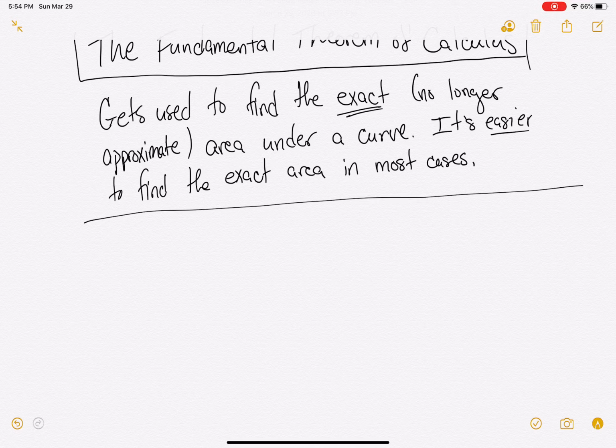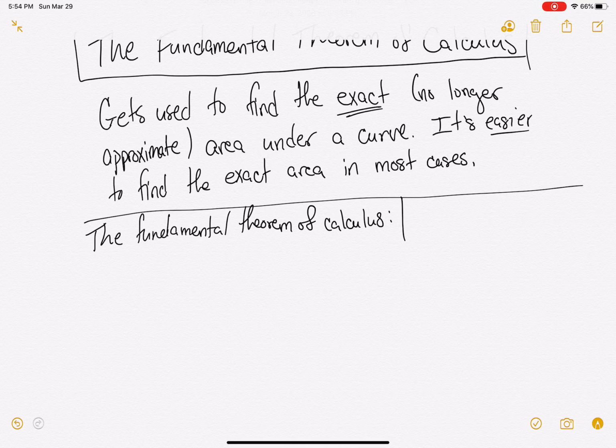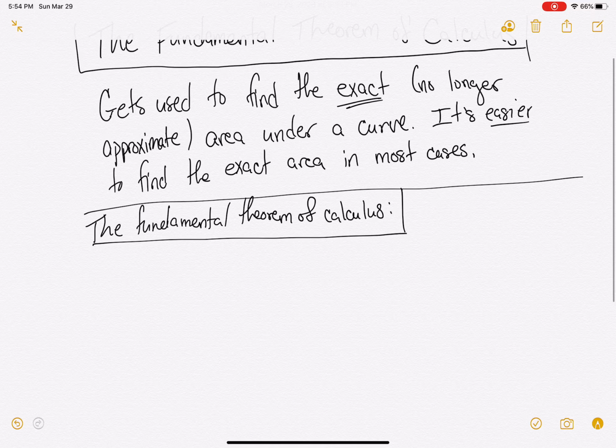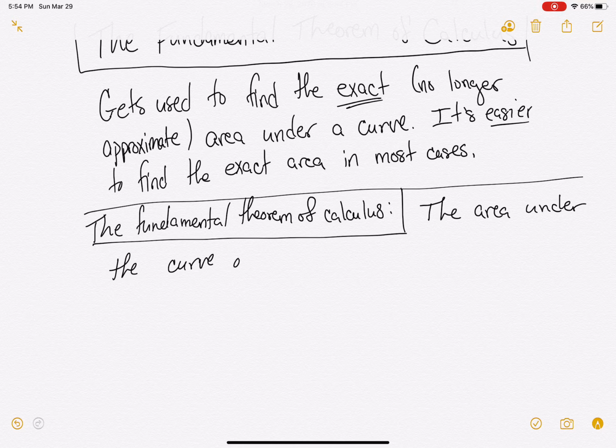Let's write down the fundamental theorem. This says the area under the curve of f prime of x.